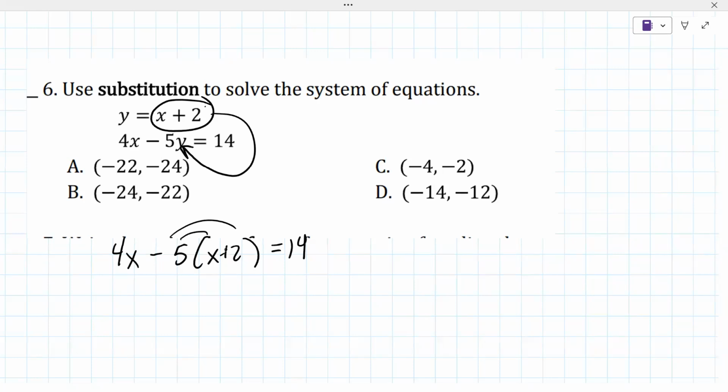Oh, minus 5. I mean, 4x minus 5x minus 10 equals 14. Good. Okay. Why don't you try solving it from there?